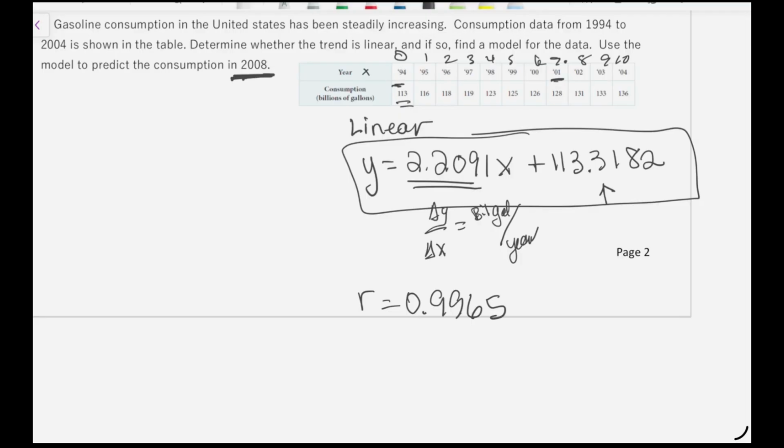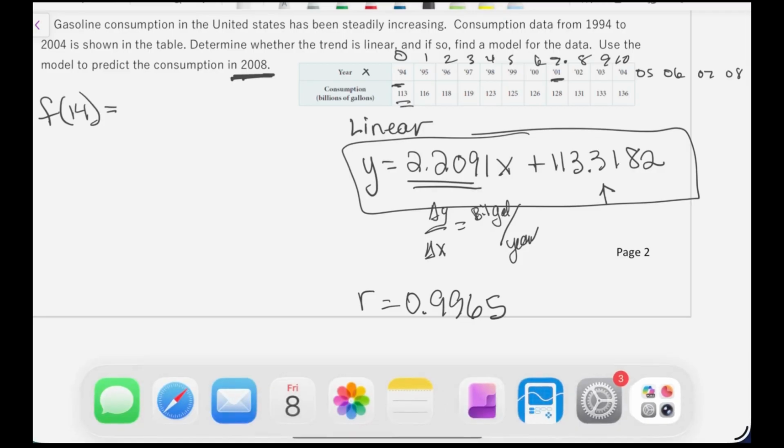Use your model to predict consumption in 08. So if I'm in 08, what year is that, right? I'm not going to put in 08. I'm going to put in 14 because we are 4 more past the 10 mark. So we'll plug in a 14 and see what we get.